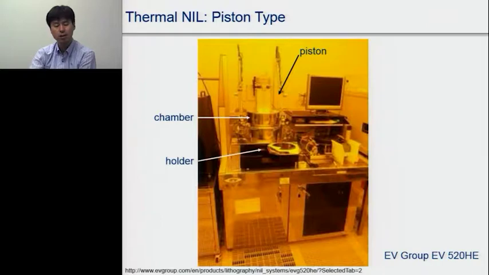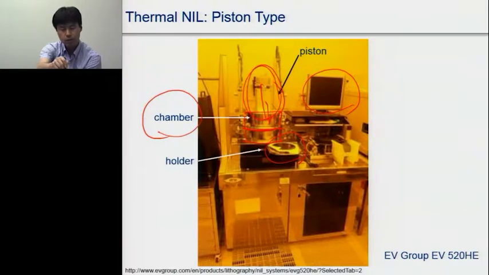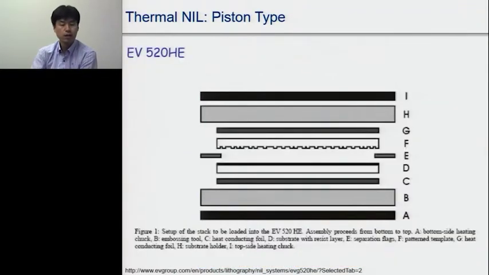So this is an actual tool using that piston. As you can see, it has computers, this is the chamber, and this is the holder. The chamber is opened over here, and this is the piston. For piston-type thermal nanoimprint lithography, one possible defect is air bubble trapping.